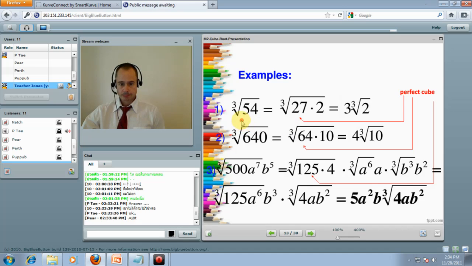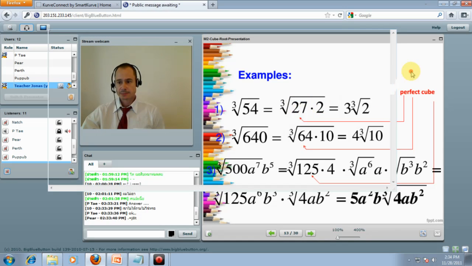So first of all, we have the cube root of 54. 54 is not a perfect cube, but 54 is the same as 27 times 2, and 27 is a perfect cube.